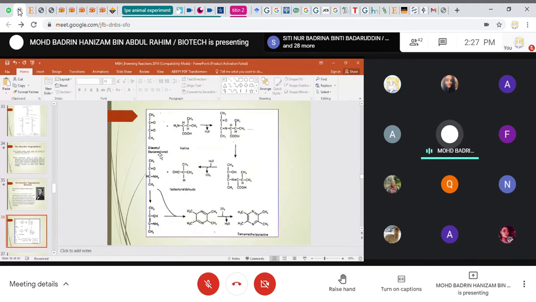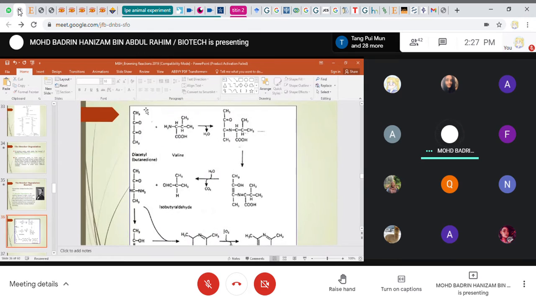For example, here you have diacetyl, or butanedione. I hope you can see it clearly. Let me make it bigger. If you look at the structure, this compound contains two carbonyl groups, right? So when it has two carbonyl groups, it is going to enter Strecker degradation. For example, if your amino acid is valine, it will react with valine.